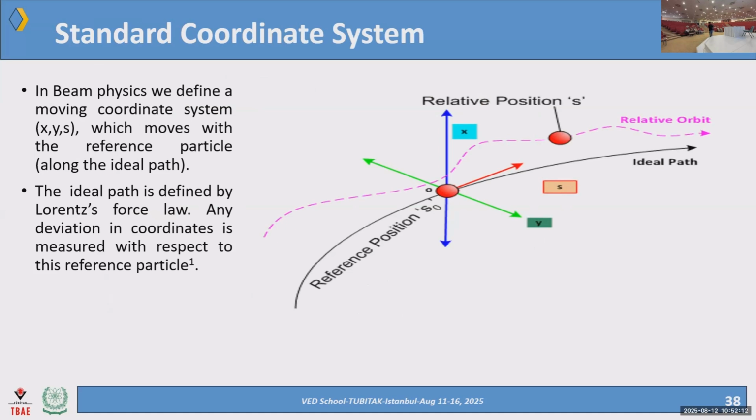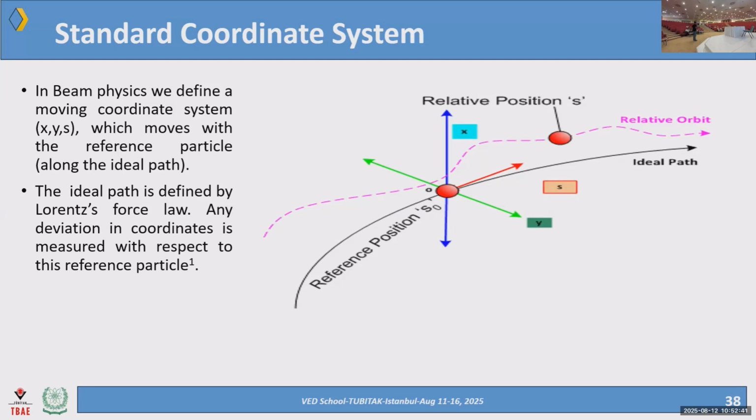It's just like I'm standing on a platform and a train passes by. I can see that the train, or the car or the bus, accelerates or stops, whatever. The driver who is sitting inside the train or the bus also experiences this. So what makes for simpler calculation is that we shift the coordinate system onto the ideal particle.